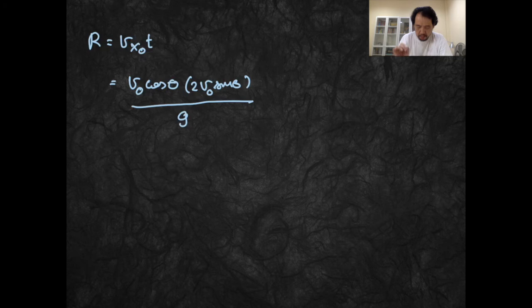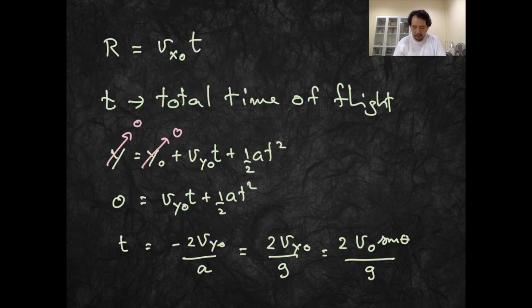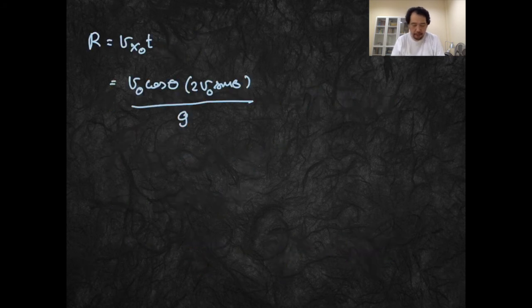Okay, go back to the range. We use t equal to 2 v0 sine theta over g, and we use v0x as v0 cos theta.